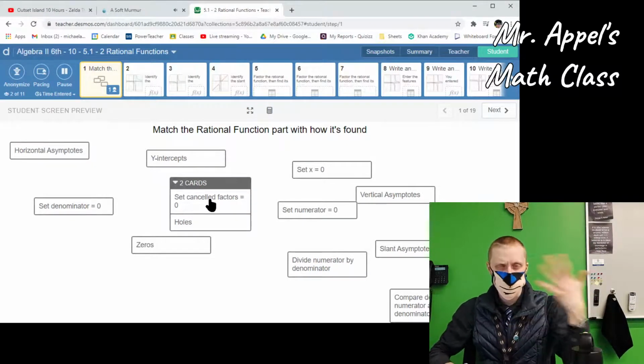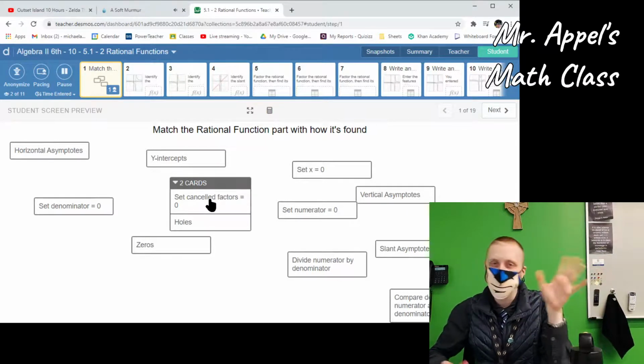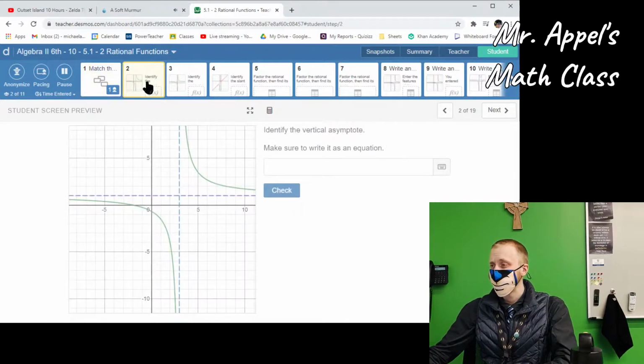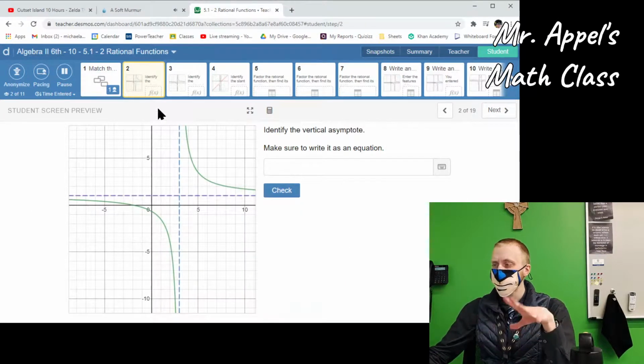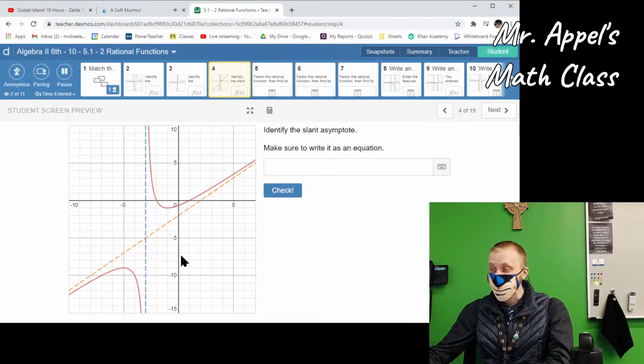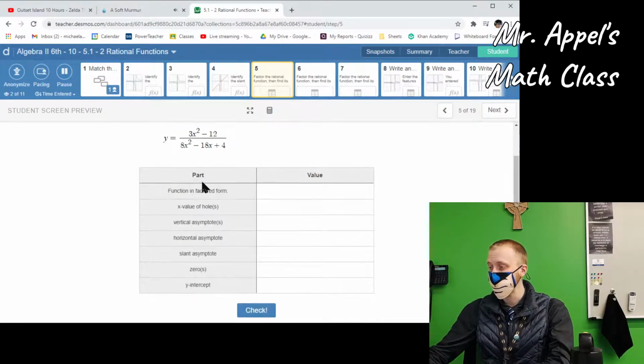We're so used to that ZPP part by now that we're like, set equal to 0? Oh yeah, I guess you do that part. And then it'll walk you through this process: identifying the equations of the asymptotes, identify the slant asymptote, factoring the rational into all of and identifying the pieces. We'll do that a couple times.